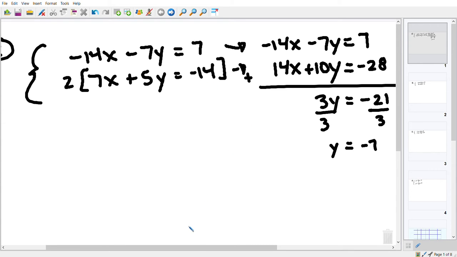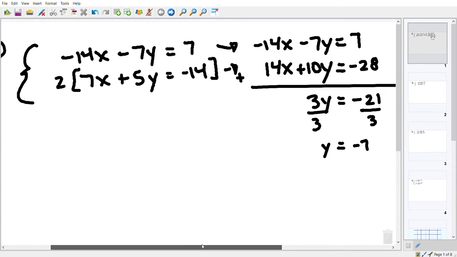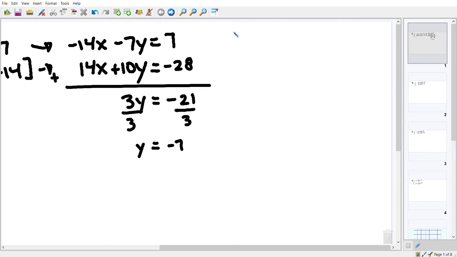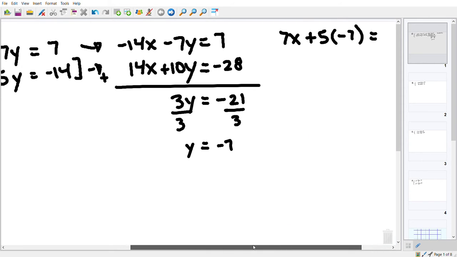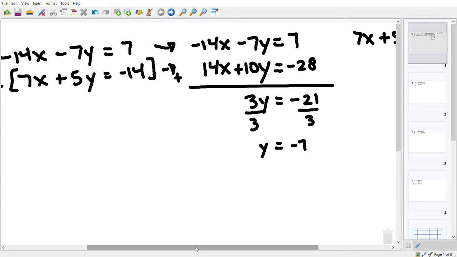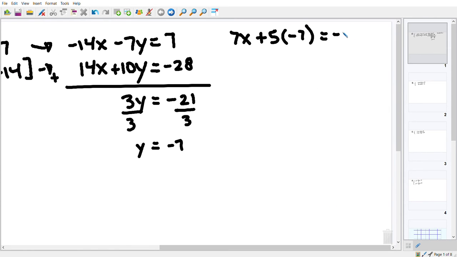That's my thinking. So I'm going to go over here and write it as 7x. And it says a plus 5y, so it's going to be a plus 5. But my y, remember, is negative 7. And that's going to be equal to, back to the original equation, negative 14. So giving you a moment to go ahead and solve that.